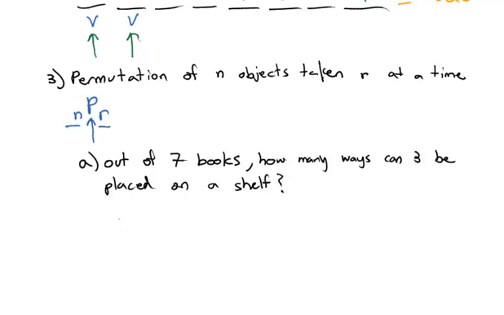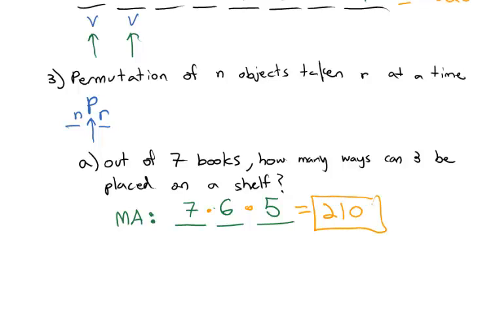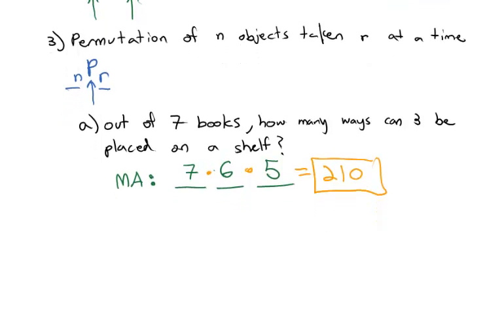We've got 3 books on the shelf. There are 7 choices for the first book, 6 choices for the next book, and 5 choices for the next book. And so we have 7 times 6 times 5, which is 210. There are 210 ways we can place these 3 books on a shelf, selecting out of the group of 7.